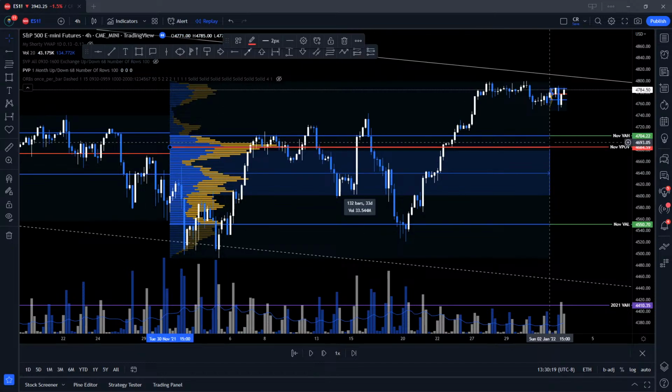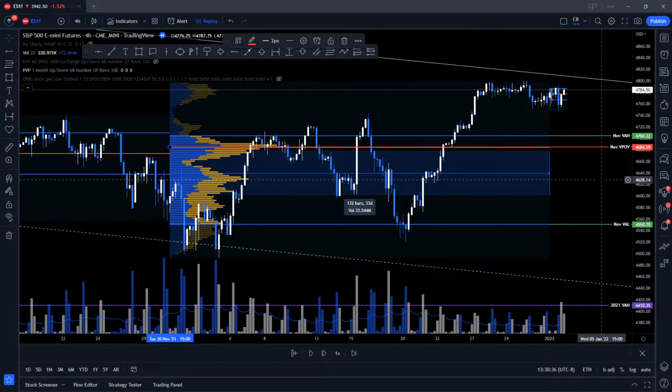And the importance of a virgin point of control versus a point of control is both of them will act as price magnets, but virgin points of control are much stronger price magnets than a regular point of control, about 10 times stronger.